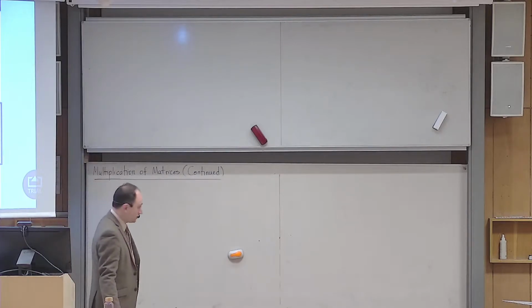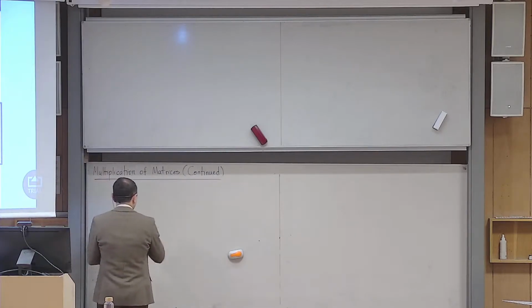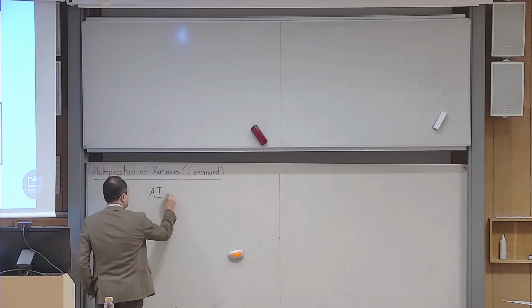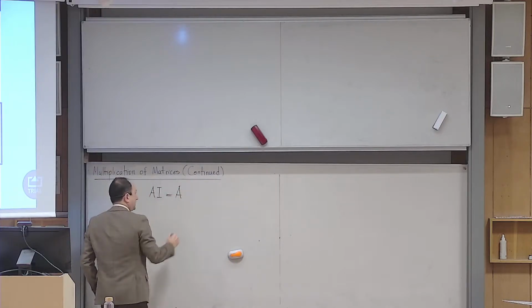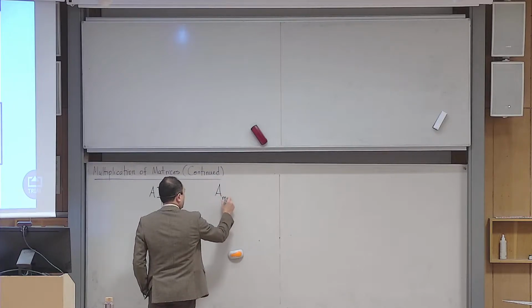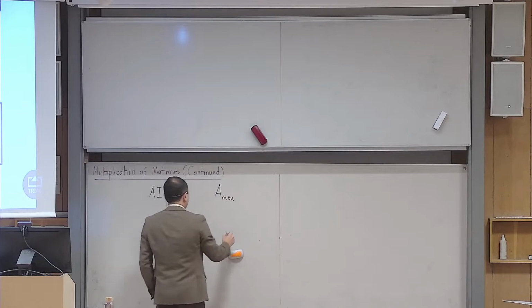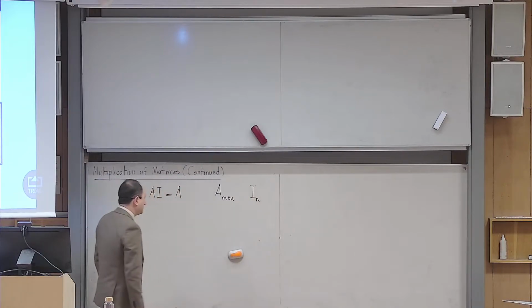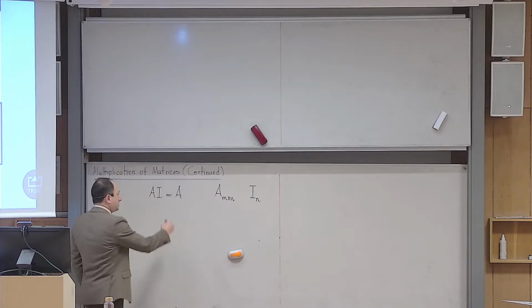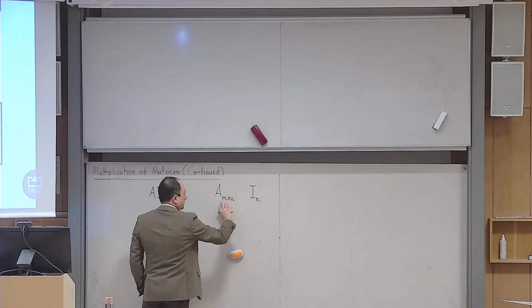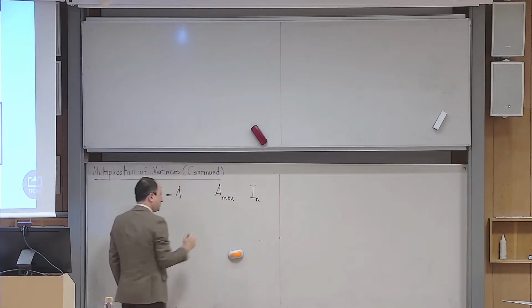Why do you think this is the case? My goal is to show that A times I is equal to A itself. Let us consider that A is m by n and I is of order n. Is it possible to multiply them? Yes, because this is n by n. I multiply A, m by n, from the left to this matrix, so it is possible.